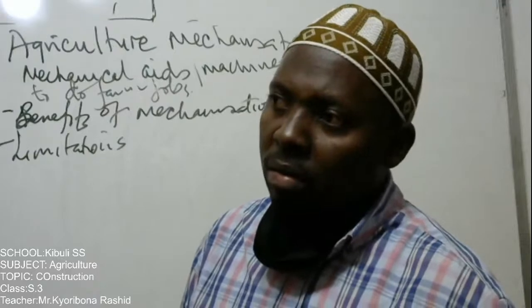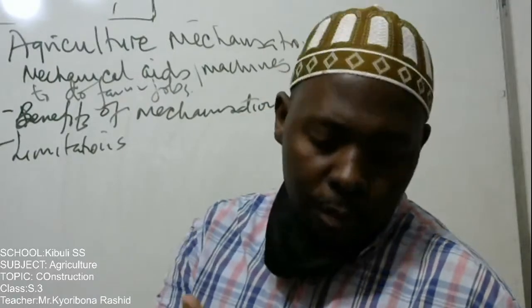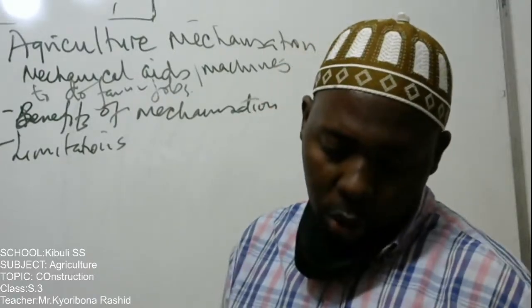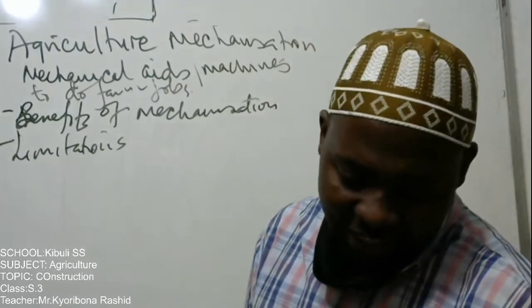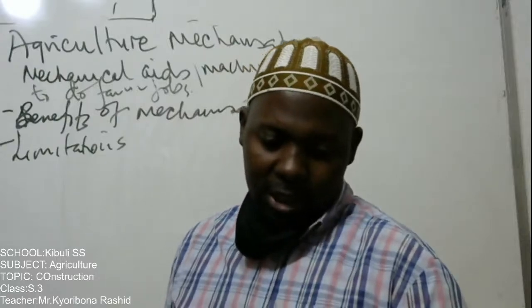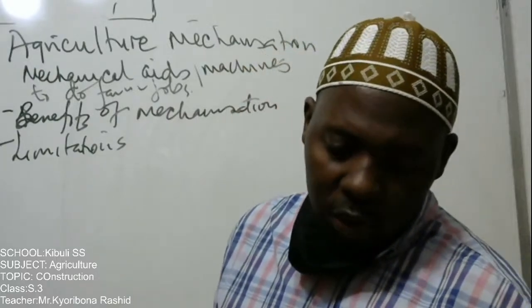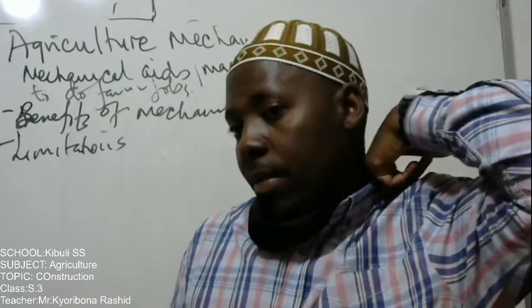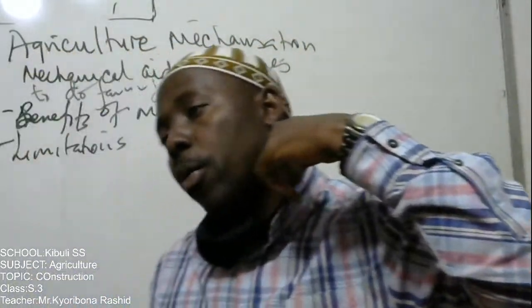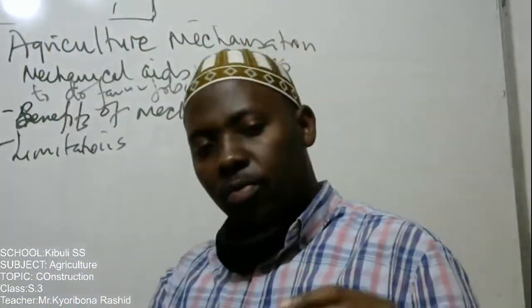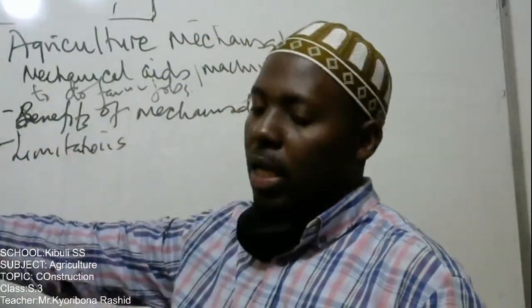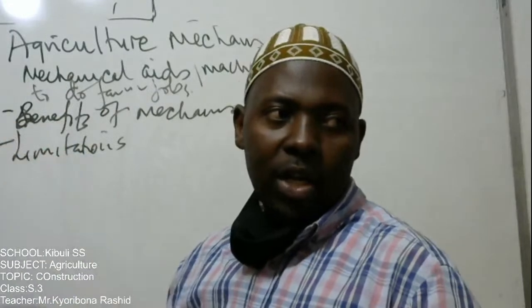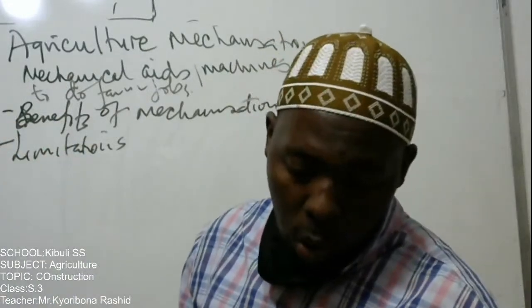And then we know that machines can also improve the properties of the soil, and also provide alternatives so that we can recruit different labor on the farm. How? Because when you're using machines, the labor is deployed elsewhere, and therefore we can utilize labor well.